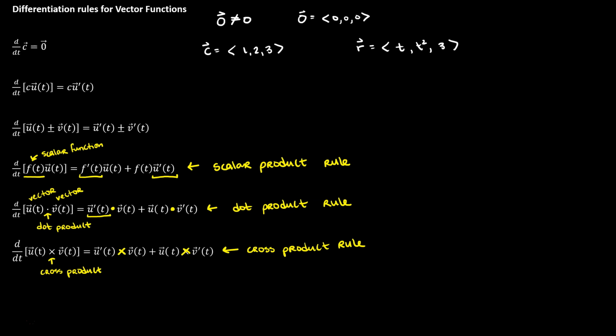This can be a little bit confusing because we haven't seen this before. We haven't seen three different types of product rules until now. But as long as we pay close attention to detail and look to see, one, are we multiplying a scalar times a vector, or are we multiplying vector times vector?